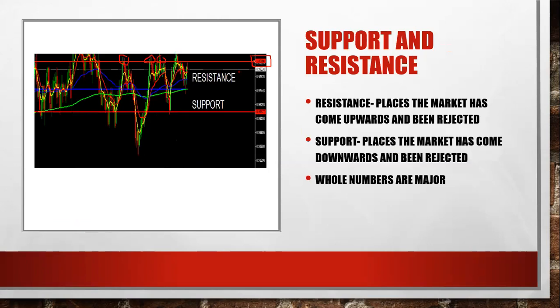Whole numbers are major psychological areas in the market. Okay? Any whole number is an area that other traders are going to be looking at as resistance and support. As you can see down here, it was rejected off this line multiple times. That is a clear area of support. Okay, pretty simple, pretty simple.